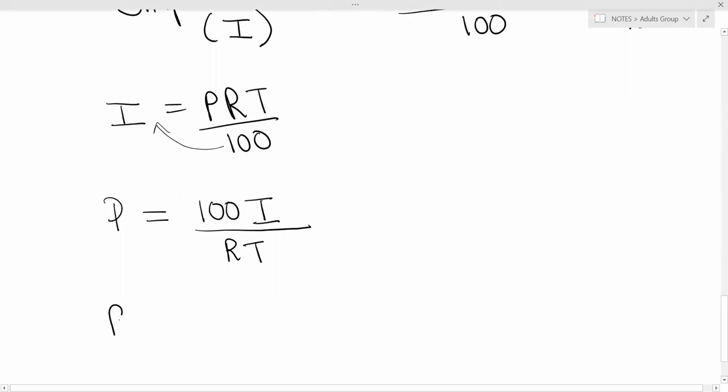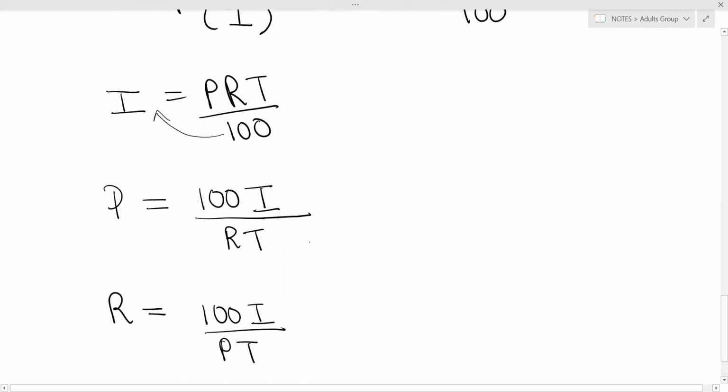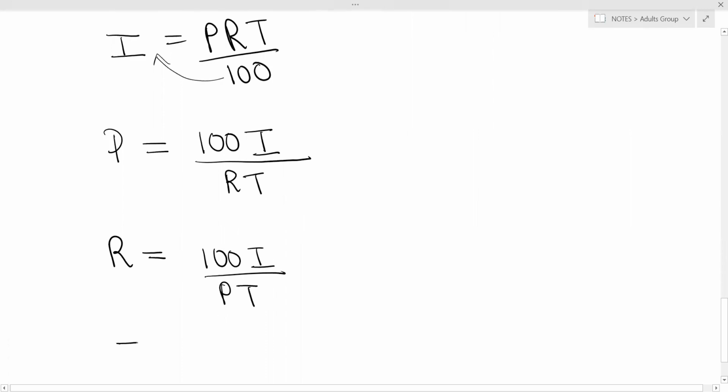Your formula to find your rate will be similar. Your rate is equal to 100 I, and of course, it's your rate, so you're sending across your principal and your time to divide. And if you want to find your time, very similar, 100 I all over your rate, your principal by your rate.